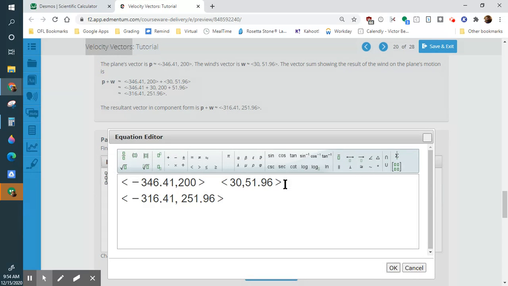Okay, it's just Edmentum being Edmentum. I'm going to change this to a multiplication, square it, and all of this needs to be square rooted. So I'm going to copy all this and paste it under here.